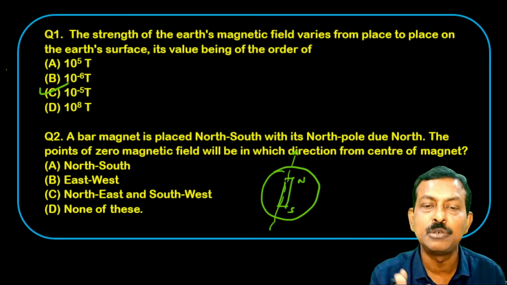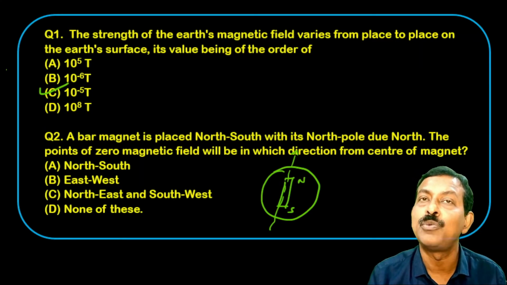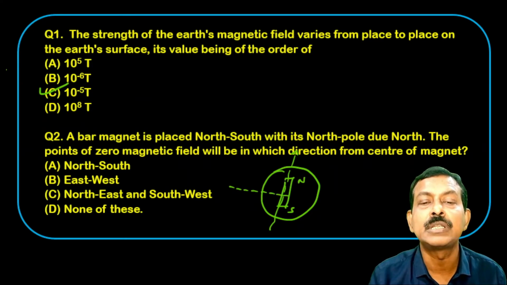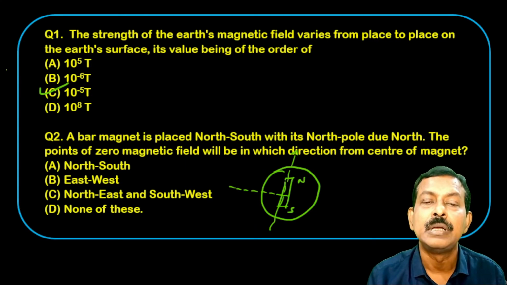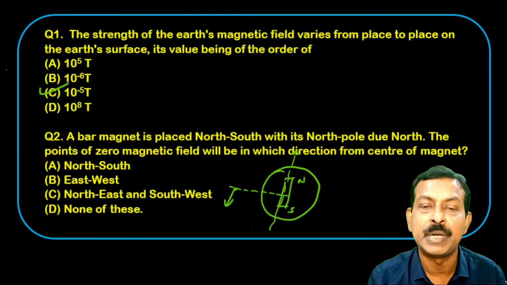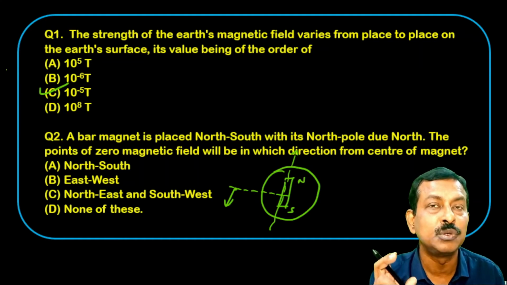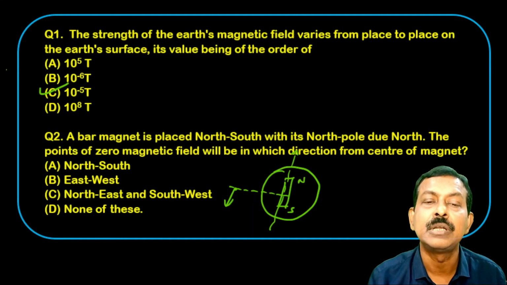But for the magnet, if you want the point of zero magnetic field, consider the equatorial plane of the magnet. Its magnetic field will be perpendicular to the equatorial plane, but in the opposite direction to the magnetic dipole moment of the magnet, so it will be in this direction. Due to Earth, it is north to south, that means it is in this direction. So they can cancel one another.